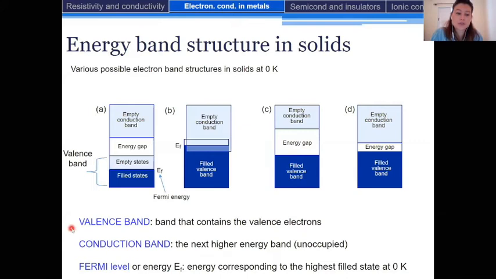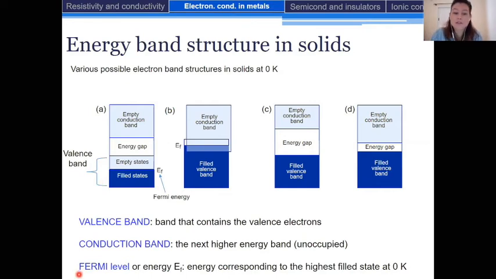So let's first introduce the valence band. It is the band that contains the valence electrons. So in case A, we have some filled states, and after that, in the same band, we have empty states. Since here we find valence electrons, we will name this band the valence band.